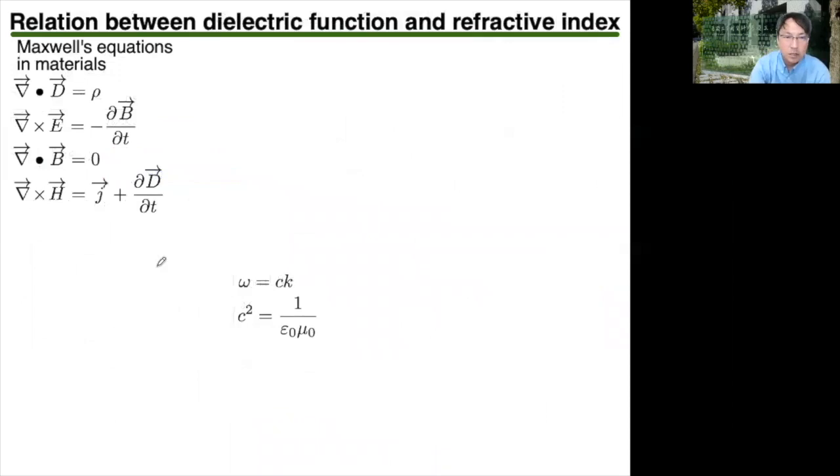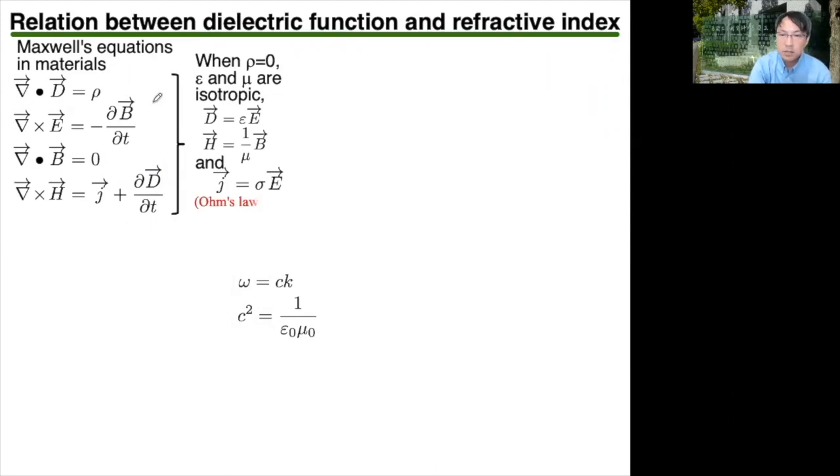In order to understand the relation between the complex refractive index and electromagnetism, we need to start from the Maxwell equations in materials shown here. Since in the steady state the materials are charge neutral, we can set the charge density in the materials rho to 0. Furthermore, for simplicity, we assume that permittivity epsilon and permeability mu are scalars.